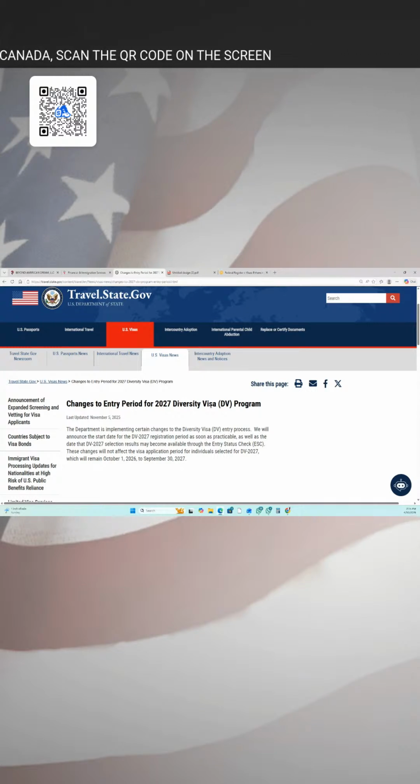But these changes will not affect the visa processing.